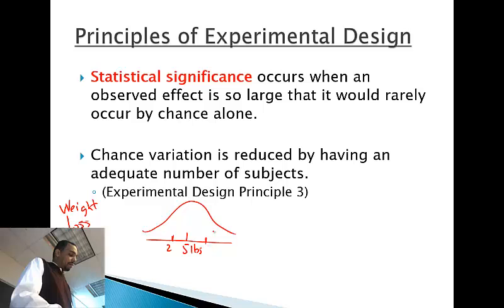But statistical significance occurs when the effect is not just like you're at 8.1 pounds that you lost or 9.2 pounds or whatever. Maybe you are clear out here at losing 13 pounds.